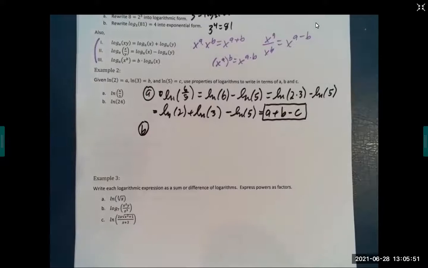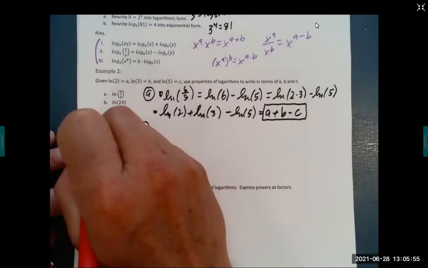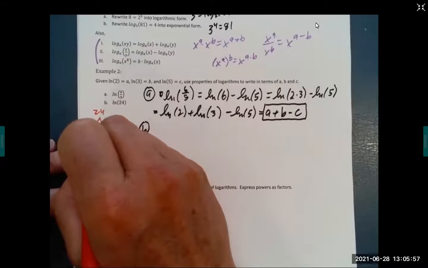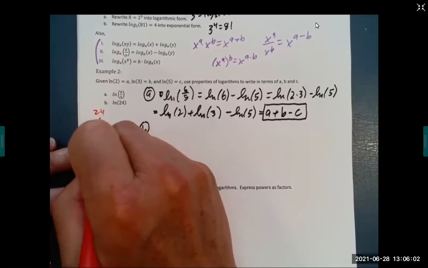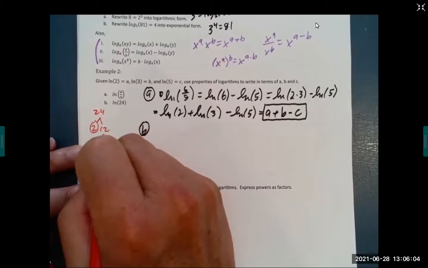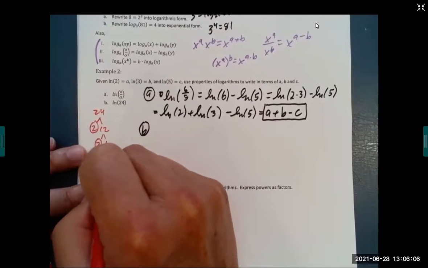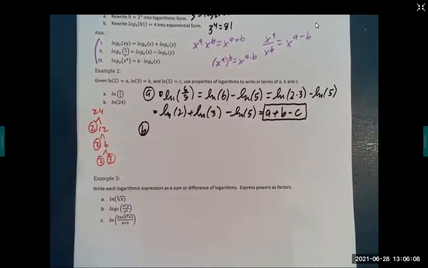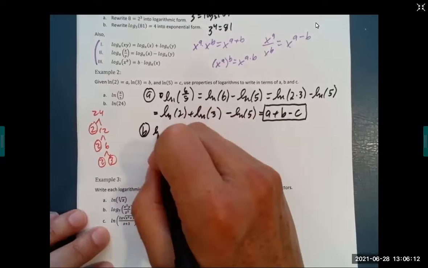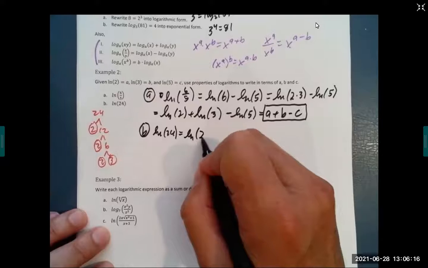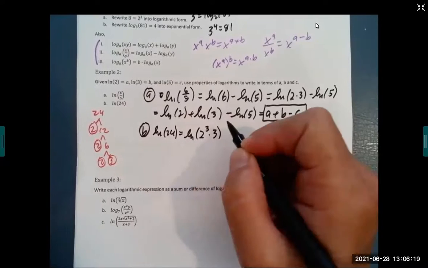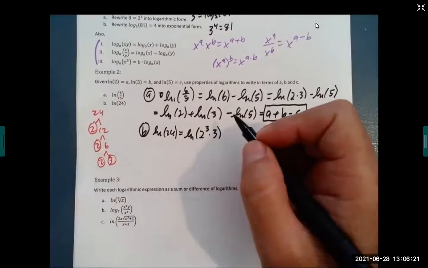Now, I'm going to take 24 off to the side here and note that 24 breaks up into 2 times 12, 2 times 6, and 2 times 3. So I'm going to rewrite ln of 24 as ln of 2 to the third power times 3, right? 2 times 2 times 2 times 3.